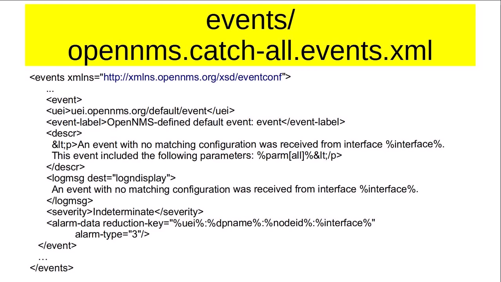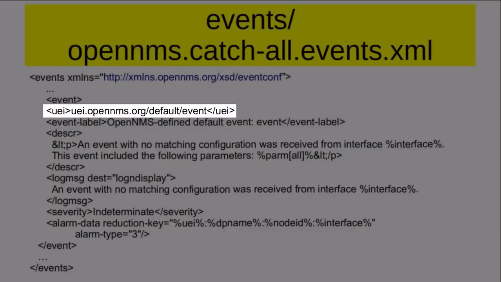This is a basic event definition within an event tributary file. While some event definitions may look complex, they are fairly simple to understand. Each event requires the following elements: a UEI, which is a unique event identifier, a string that uniquely identifies the event's type.